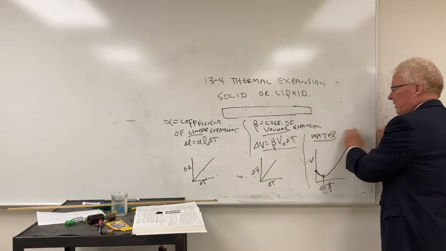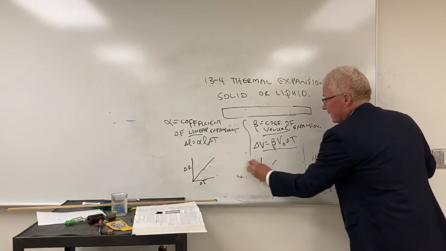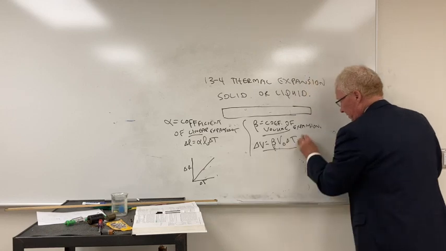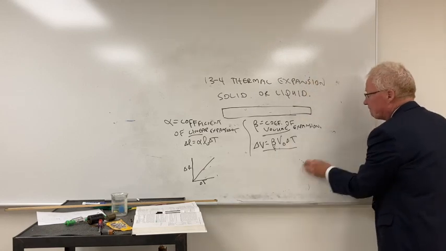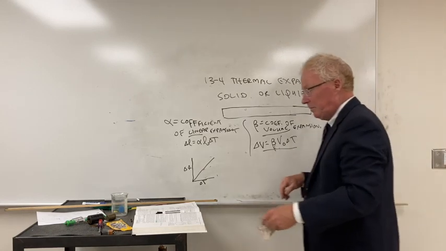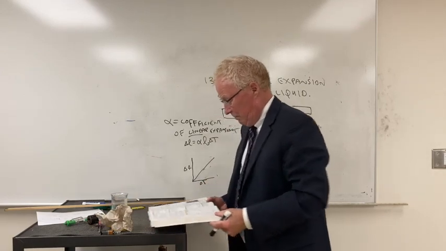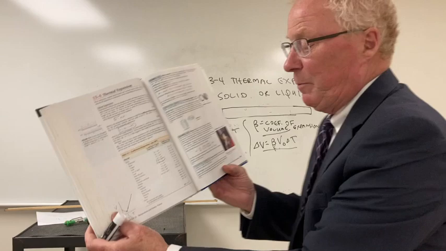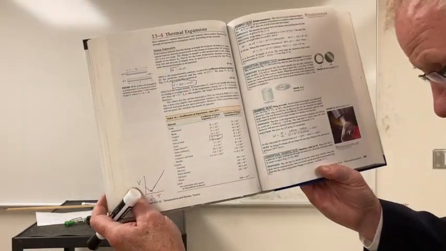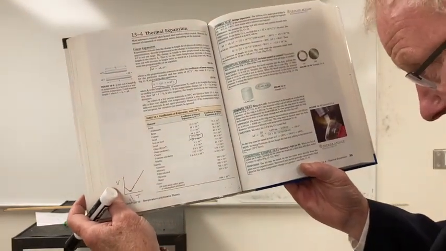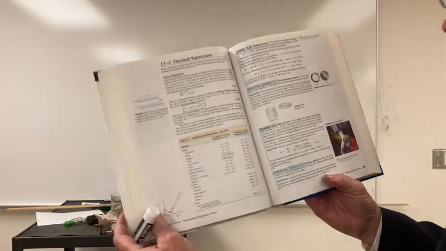All right, so if we're looking at this expression, let's do an example, which I always like to do. Again, these are from the table. Liquids have a much higher coefficient of expansion than solids.